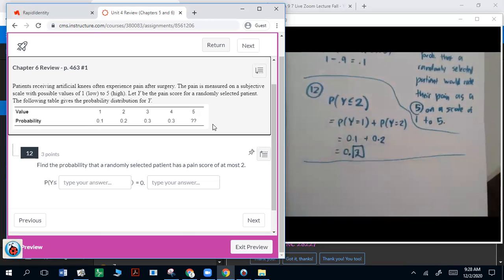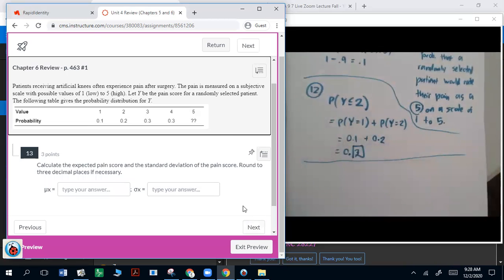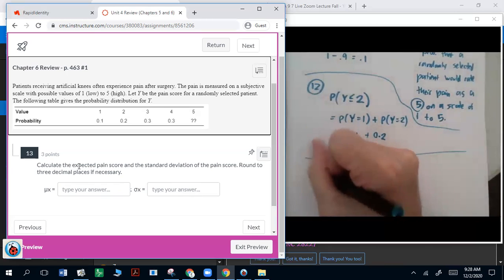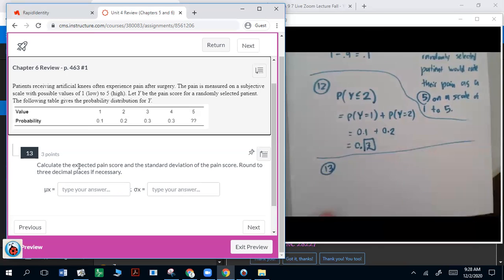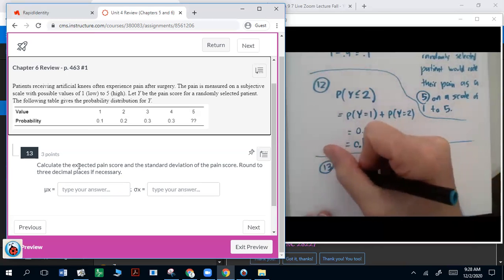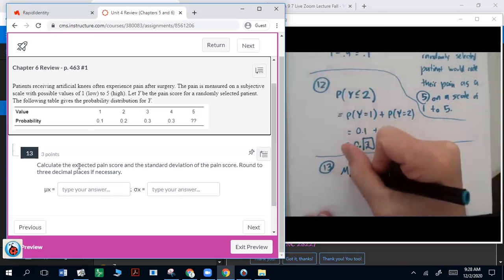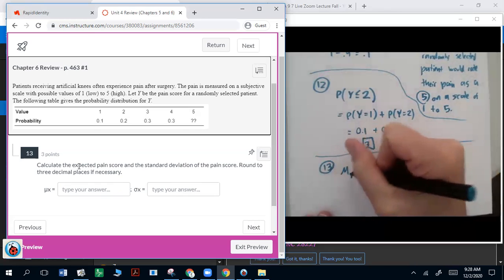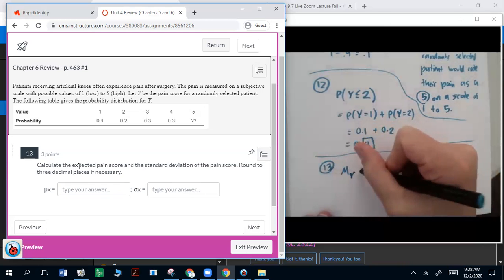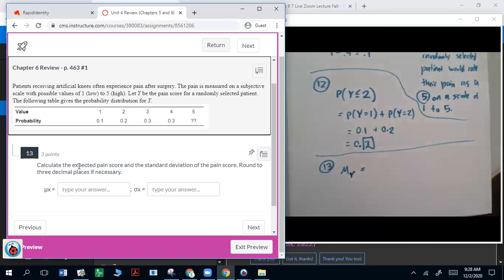And let's look at question 13. Question 13 wants to know, what is the expected pain score and the standard deviation of the pain score rounded to 3 decimal places if necessary? So I'll show you how to do these by hand and then also with the stat menu. So by hand, you still want to use your calculator, but the input value is the mean of Y, not X. But to get that, you're going to do your values times your probability.